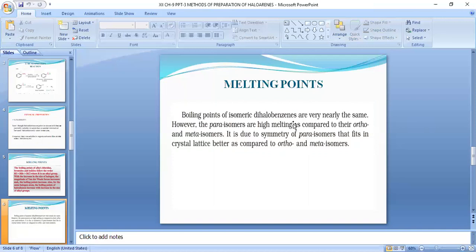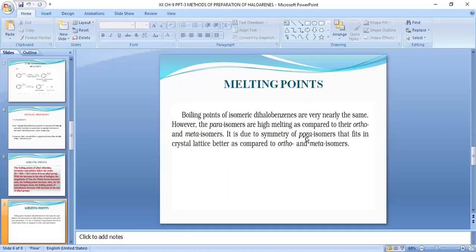When we compare their melting points, we observe that the para isomers have higher melting points as compared to their ortho and meta isomers. Why? It is due to the symmetry of para isomers that fits in the crystal lattice better as compared to ortho and meta isomers.